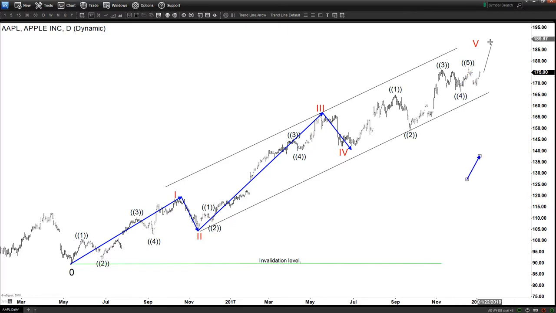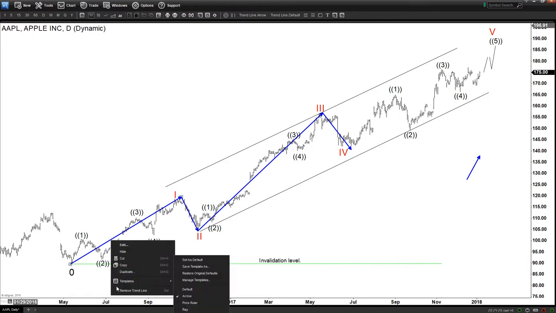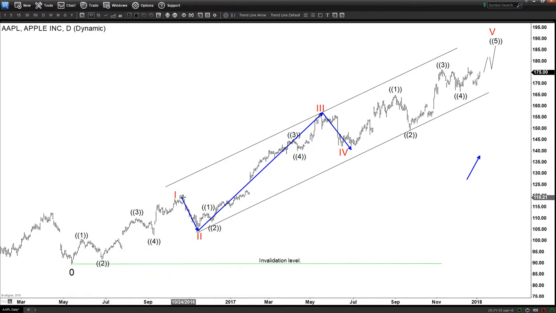So if we see another leg higher like this, that will be ideal. That will be ending the wave 5 of the black and also in the red, and then we'll end the entire move of 5 waves from the 2016 low. So Apple right here is a nice clear example of an impulsive structure.